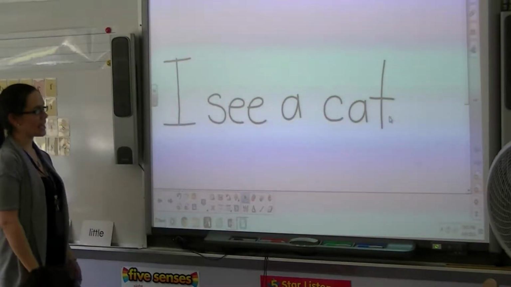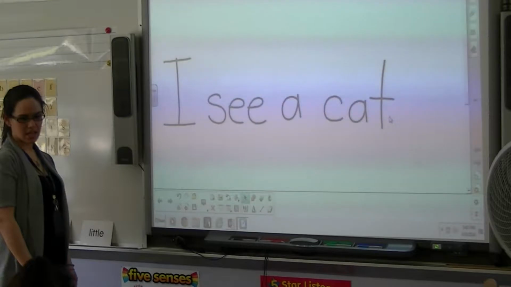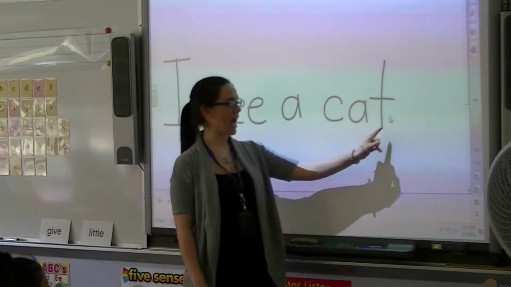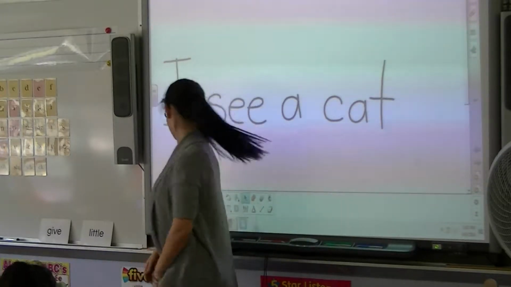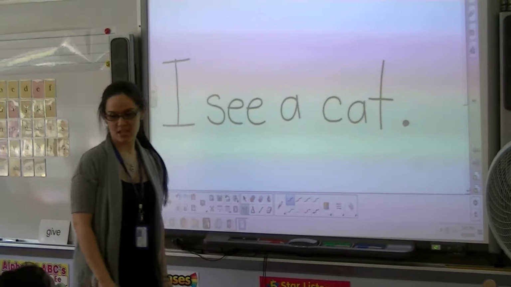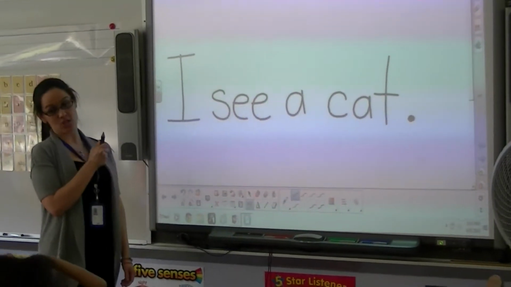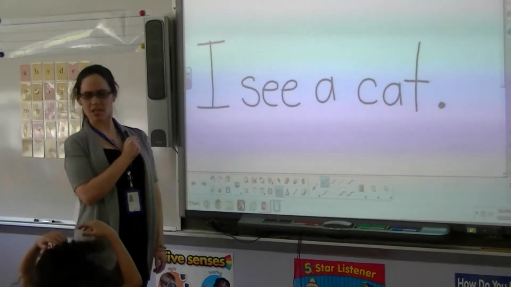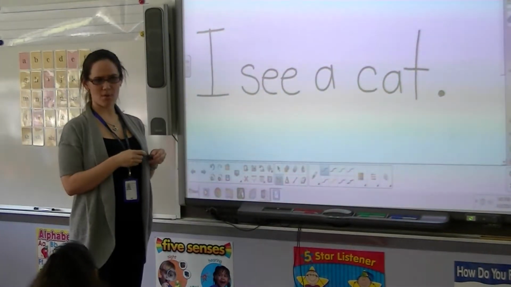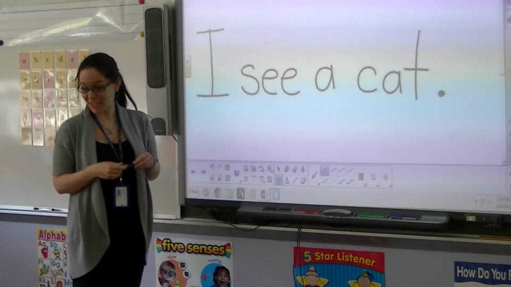I see a cat. Period. Oh, okay, yes, a period. All sentences need a period. Yes, we need periods at the end. Or, if we put an exclamation, what does that show? Excitement, we're excited. Or, what if I go, are you okay?